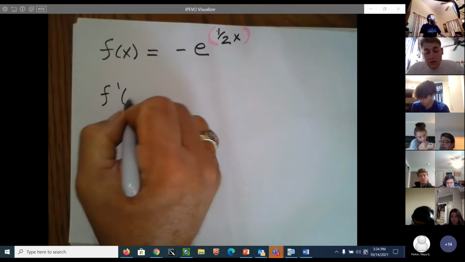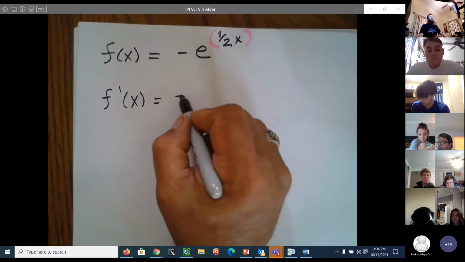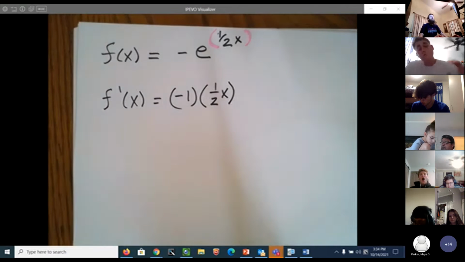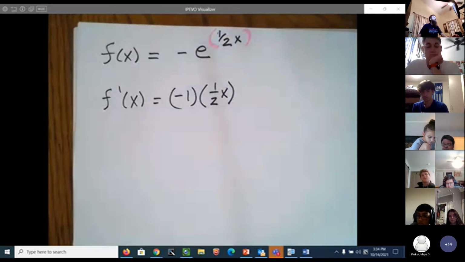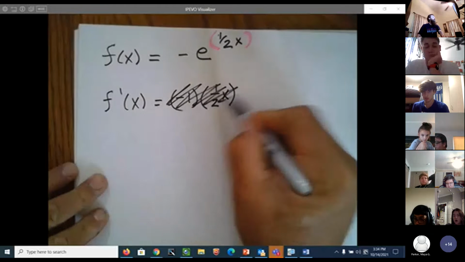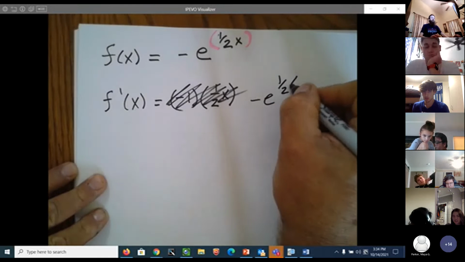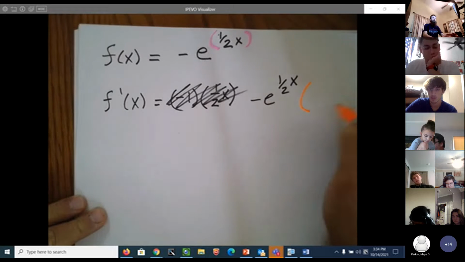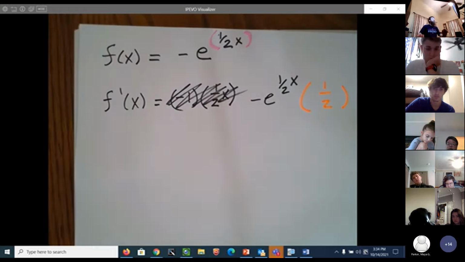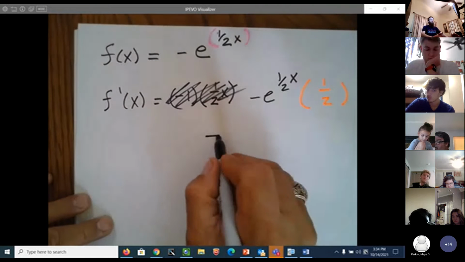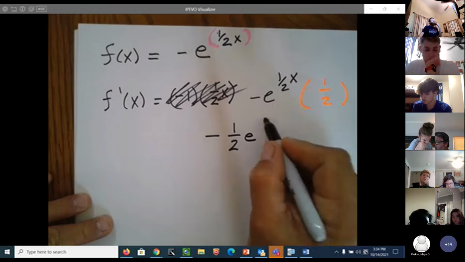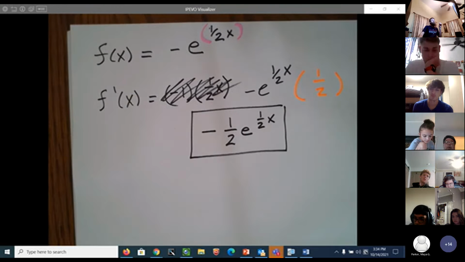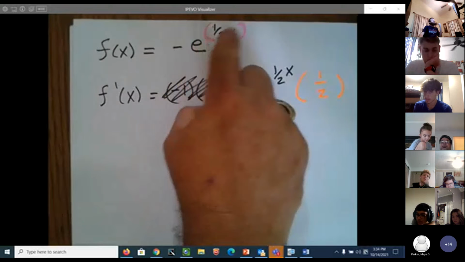So f prime of x is equal to negative 1 times e to the 1/2 x, and what is the derivative of 1/2 x? 1/2, and your answer is negative 1/2 e to the 1/2 x. Always remember with e, make sure you put this in parentheses.